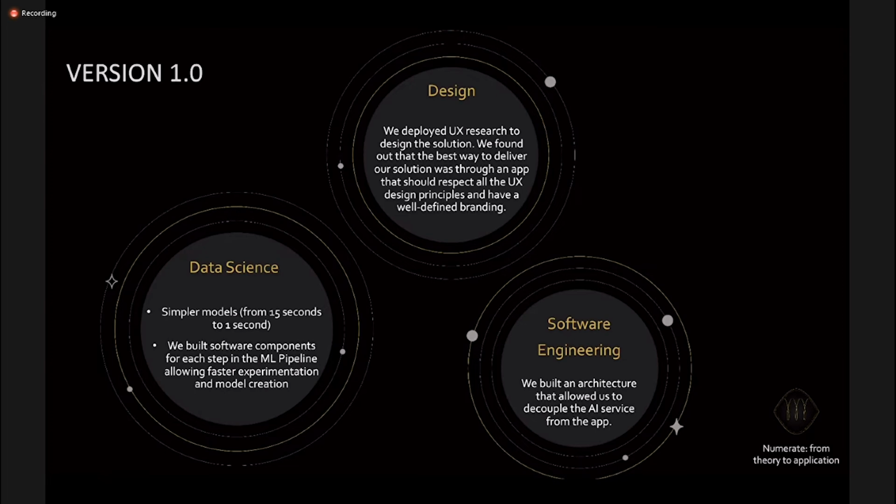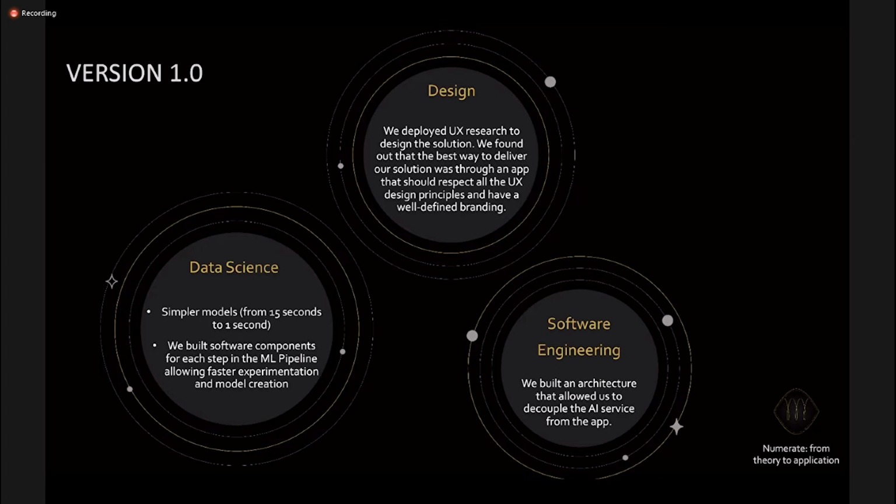We also built every step of the process as software components, and that allowed us to experiment faster and to build newer models faster, because for each type of object, you need to build a model. So this is the model that counts steel bars, this is the model that counts tubes, and so on.